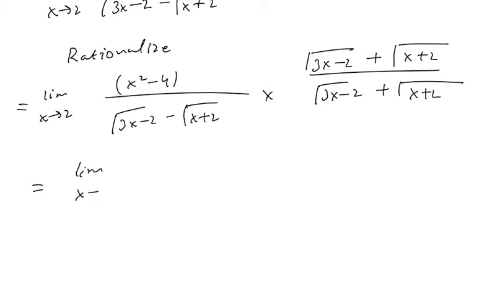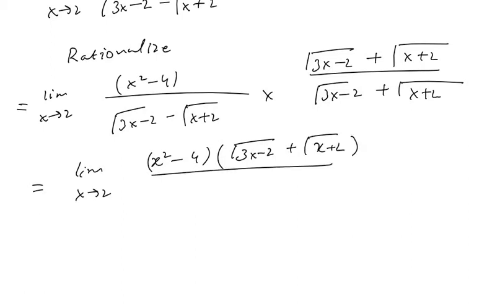So limit x approaching 2, and we are having x square minus 4, and then this thing 3x minus 2 plus x plus 2, and the main change is happening in the bottom.